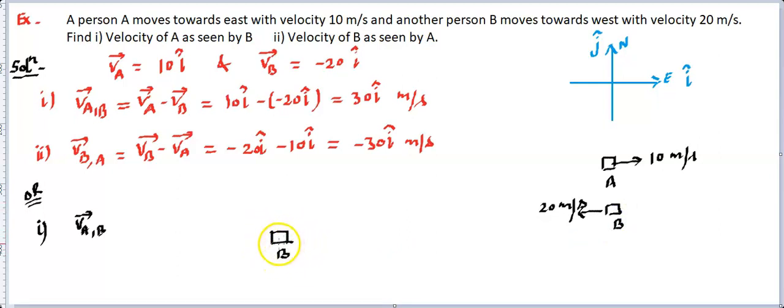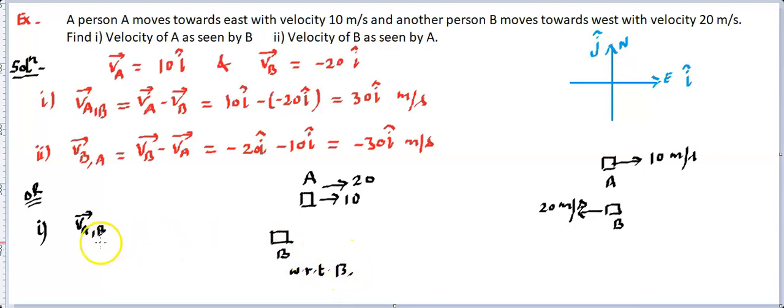So B will find himself at rest. And what will happen to A? A will have its own velocity, what it had earlier. But the velocity of the second, that is B, has to be reversed. First it has to be reversed. So you reverse it. So the reverse direction is going to be this. And then add it up with this first. So we are going to add it up. So that is with respect to B. That's how the rule is going to be.